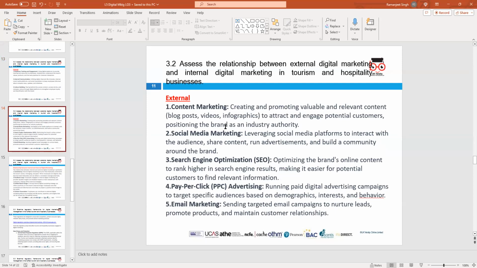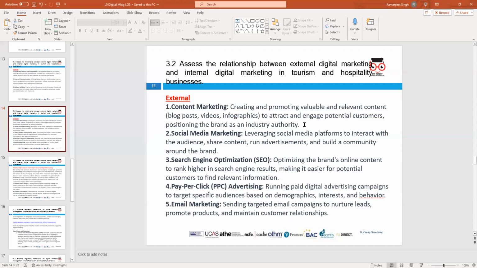Externally, the relationship is between what is written in marketing materials or publications, like content marketing, for example, to promote business with relevant information, to attract and engage customers. We want to make sure that the content is right, that the information you give is correct, so you can attract customers and promote the business.